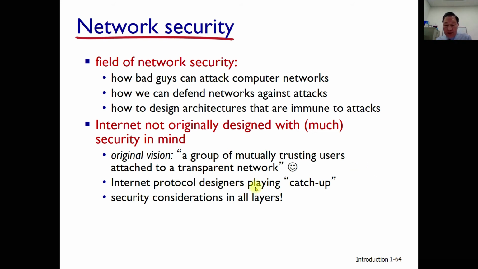Internet protocol designers are playing catch up, and later many different kinds of business depend upon this internet structure, and bad guys are trying to exploit it.